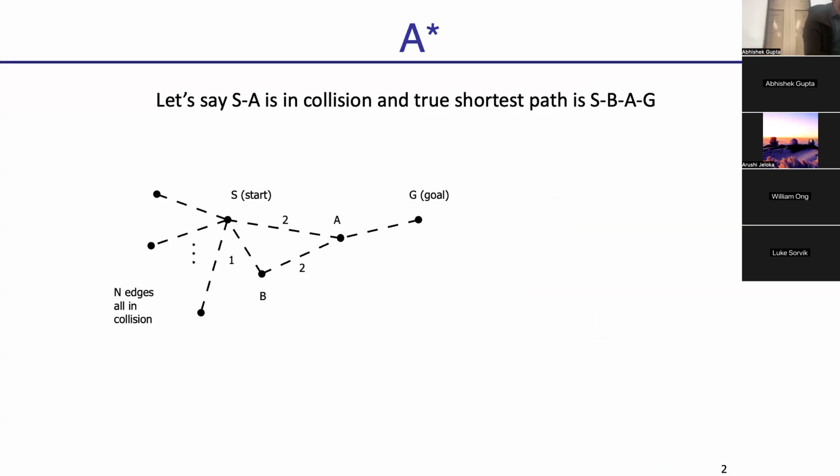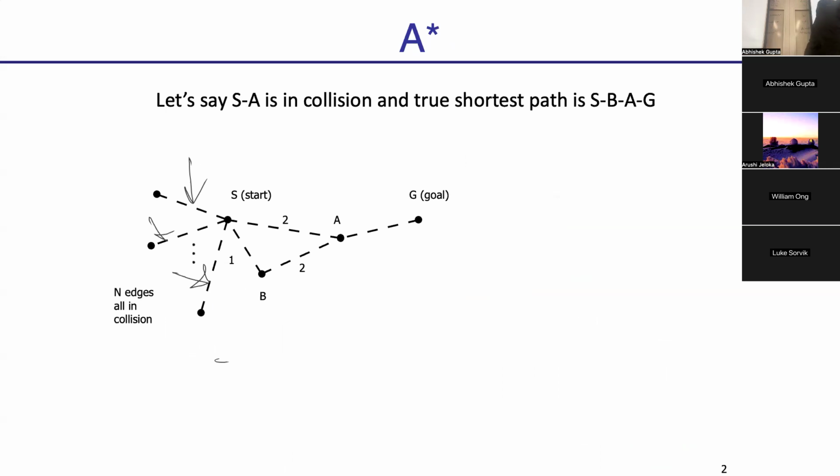So let's think about this setting, right? You have this starting state S, you have n edges, which are all in collision, right? These guys are edges in collision, right?